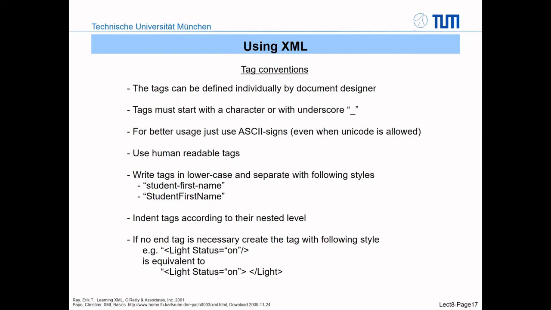For the data, it doesn't matter, but for these individual tags, it's always better if you just rely on ASCII or ANSI characters, in best case ASCII characters, because then you don't have to work with country codes, and all of the programs, all of the different libraries can directly read it. The tags should be and are human readable. In best case, you really use human readable parts and not only very short acronyms like I, A, O, and so on.